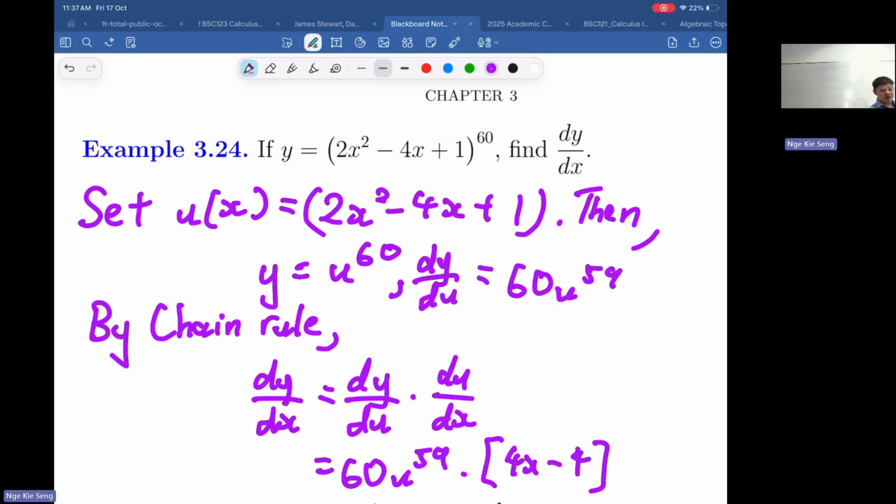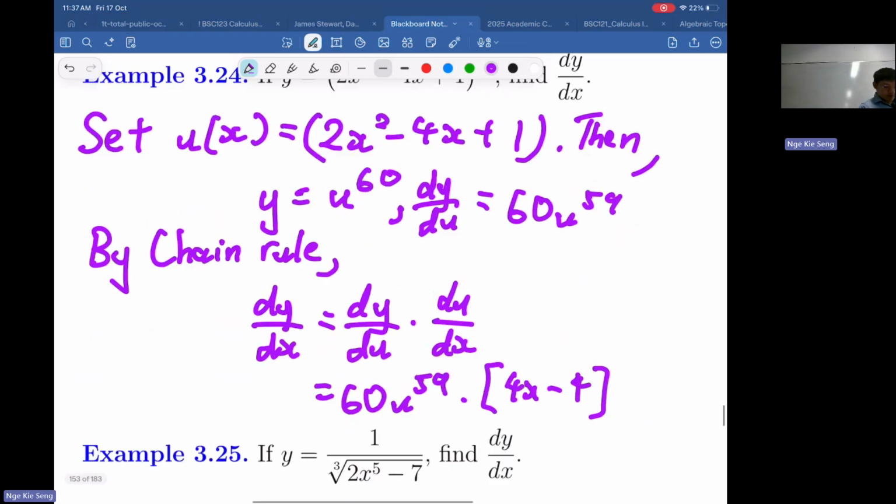But the solution is not done yet, because dy over dx, you differentiate with respect to x, so your solution should be in x, but you got something in u. How to turn it into something in x? Yes, you substitute back, because I already know how to express u in x.